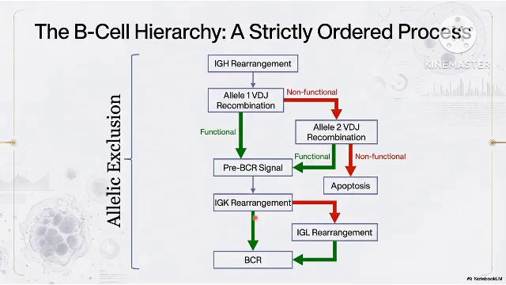Similarly, for Ig kappa also, allele 1 rearrangement will happen, and if it leads to a successful productive rearrangement, it will be expressed on the B cell receptor. If it leads to non-functional rearrangement, allele 2 can give a try for Ig kappa rearrangement.